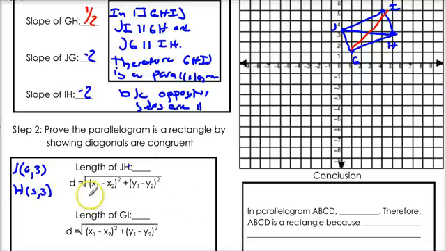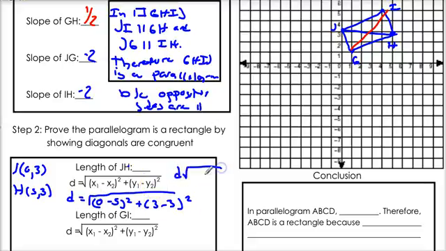You can just look at the top of your paper to see that. We're going to plug this into our distance formula. So the distance is equal to the square root of (x1 minus x2) squared, so that's (0 minus 5) squared, plus (y1 minus y2) squared, so it's (3 minus 3) squared. 0 minus 5 is -5.